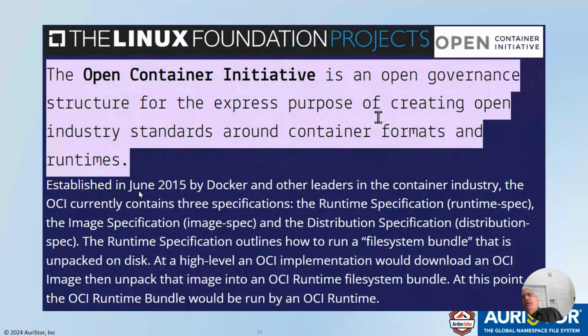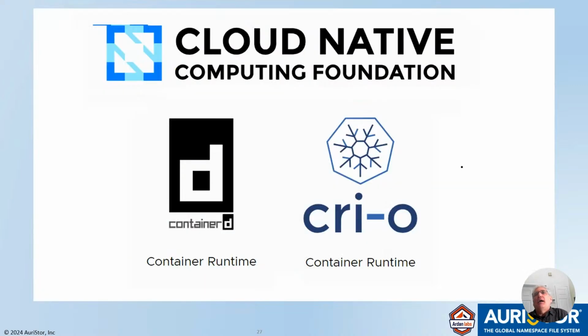For those of you who are familiar with the Linux Foundation, there's something called the Open Container Initiative, and that's the governing board that says what is the official, supported structure of a container image, and how a container runtime should work. Anybody can write their own container runtime. It doesn't have to be Docker, but you better be able to support container images in that format.